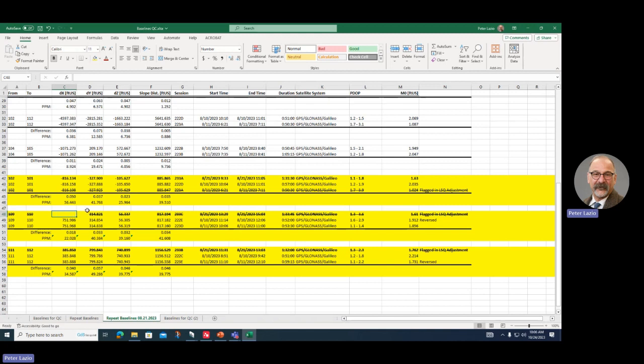I was able to get it to 22 parts per million, but this one I was never able to get really good. Once again, that's 1,000 feet. I think it's a factor of just the short baseline.